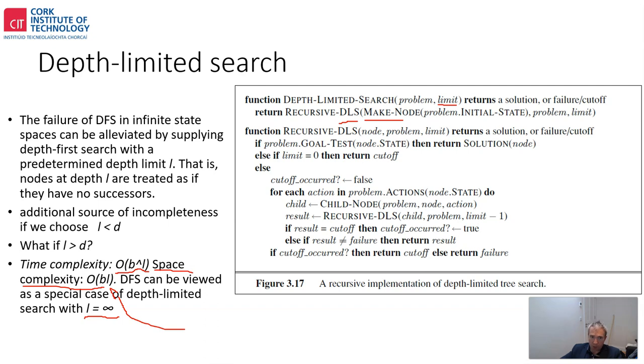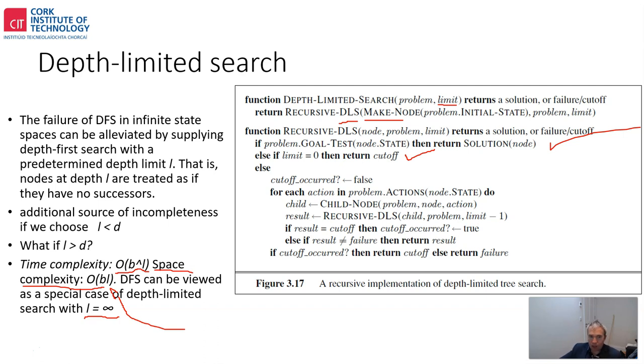Other than that, it's very similar. We're taking the node, problem, limit. If problem.goal test of node.state, then return solution of node. So that'll be the base case passed, success. Else, if limit equals 0, then return cutoff. So our limit will be decremented each time, and when we reach 0, then we know that we've reached our depth limit and we should return cutoff. Else, cutoff occurred equals false.